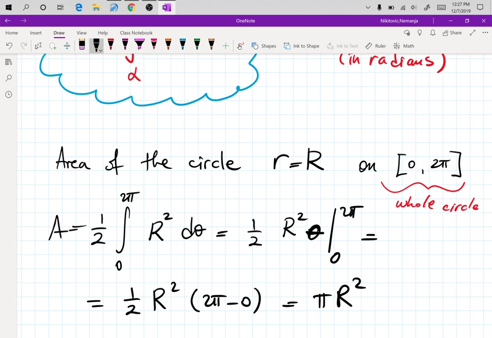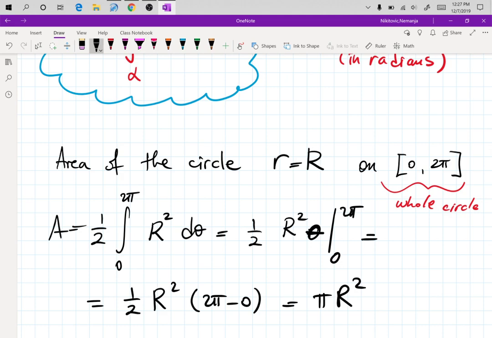Why wouldn't the r squared become r cubed over 3? We are integrating with respect to theta. Right. r is a number. r is constant. It's not dr, it's d theta.